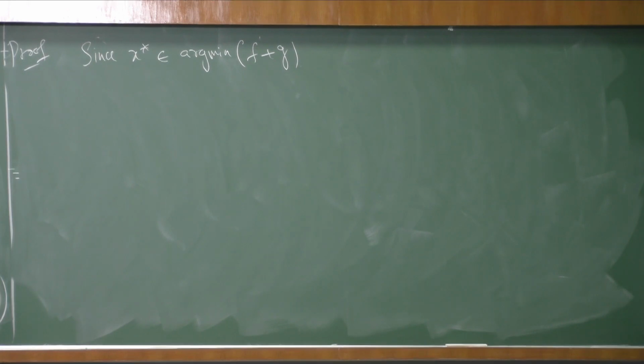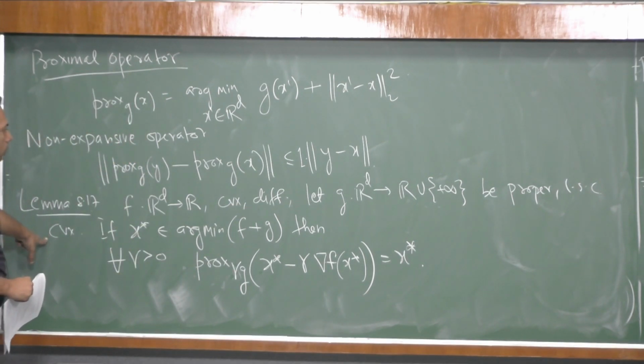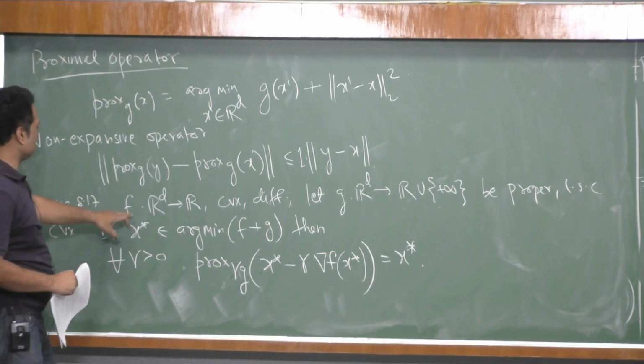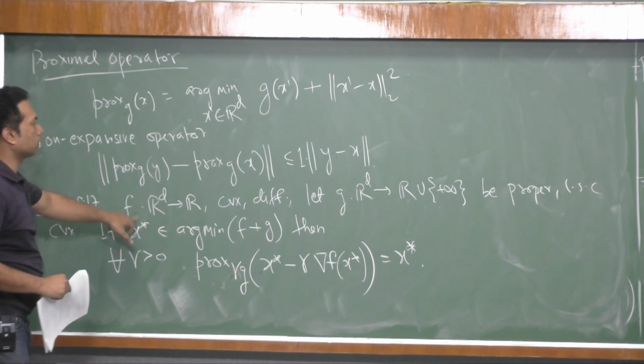from the subdifferential property, we know that x star is the minimizer of f plus g, and f is differentiable, but g is not necessarily differentiable, though it's convex. So for g we have to use the subdifferential, and for f, since it's differentiable, it's the actual gradient, evaluated at x star.